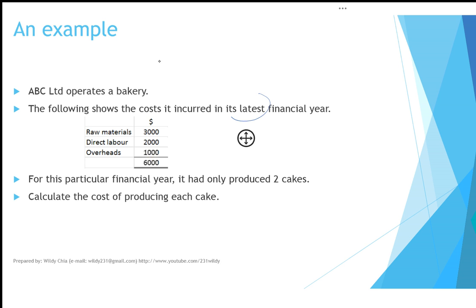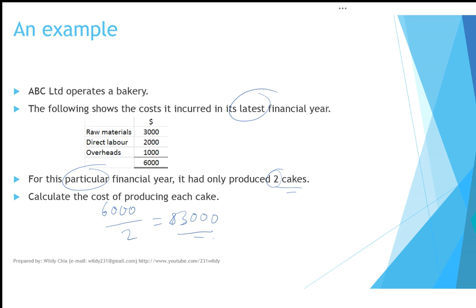And for this same year, interestingly, the business only produced 2 cakes. Now how much would it cost to produce each cake? This is very simple, because you just take the total divided by 2, the total number of cakes. Obviously it is quite ridiculous that producing one cake will cost $3,000. That's quite crazy.